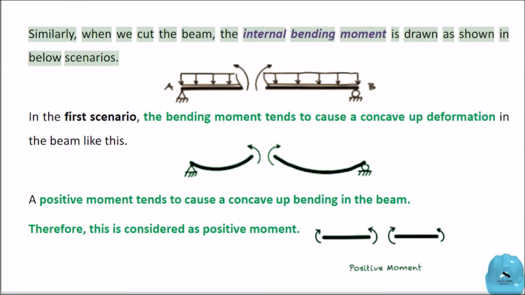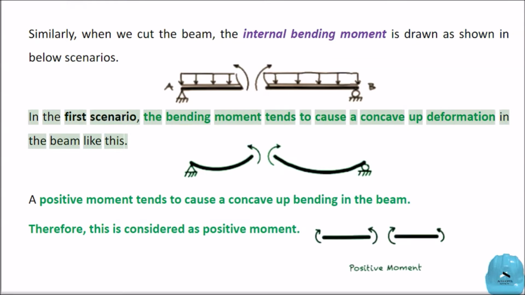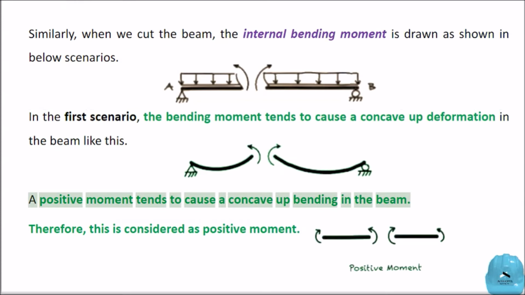Similarly, when we cut the beam, the internal bending moment is drawn as shown in the scenarios below. In the first scenario, the bending moment tends to cause a concave up deformation in the beam like this. Such a moment tends to cause a concave up bending in the beam.